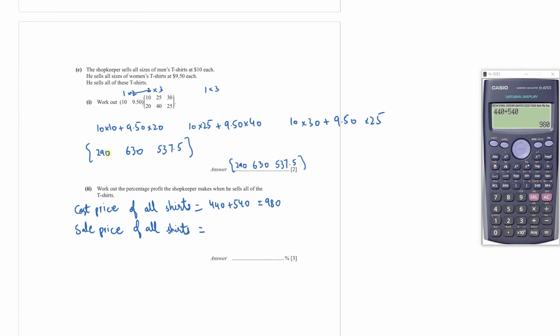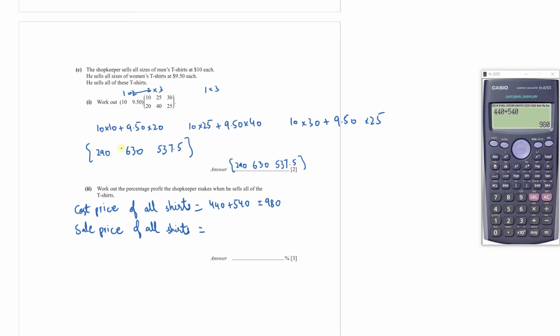So this is the money he made by selling small sized shirts, both men and women, because this is $10 for men and 9.5. So when you multiply this row with this column, which represents small sizes, men and women, and then you multiply each number of shirts with the price of each shirt. So this 290 represents the money the shopkeeper made from selling small size shirts, of both men and women.